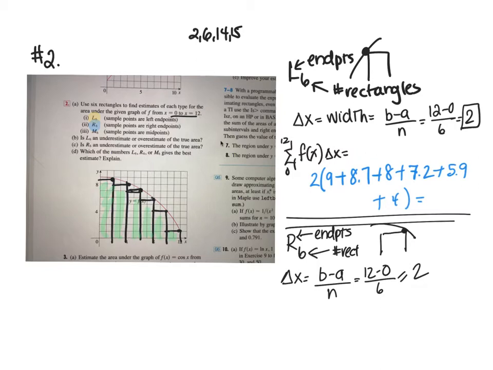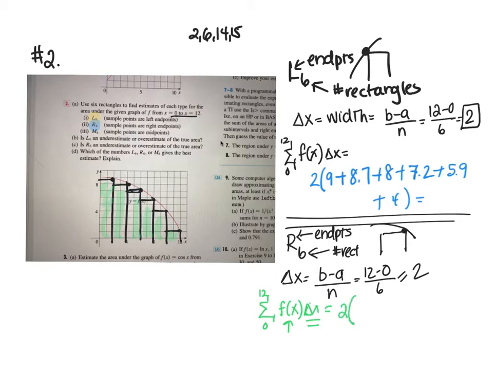So these are the rectangles that I'm going to add up, and I want the area of each of the rectangles because I'm going to sum up from 0 to 12 of f of x delta x. I'm going to change that from dx to delta x, sorry. And that means I want the width times the height to give me the area of each of those rectangles.